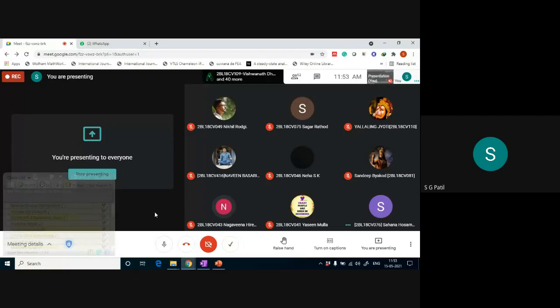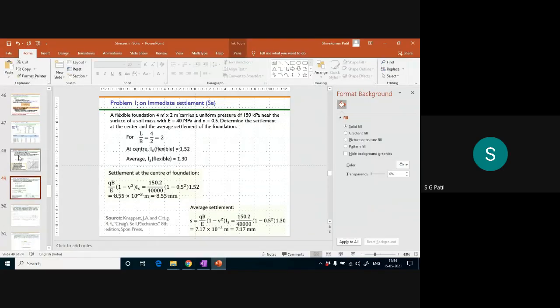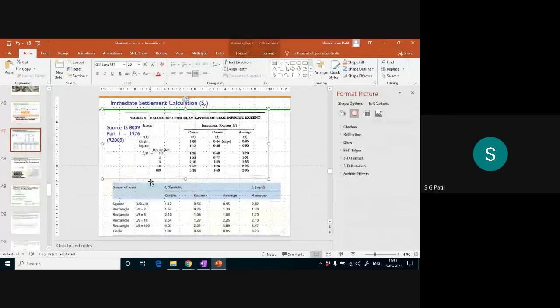It is a function of length and breadth, and depends on the shape of your footing, whether circular, rectangular or square. They will give you the influence factor at the center, at the corner, and the average influence factor. Based on that you can calculate. This is the table, but in the exam they will give these influence factors directly.